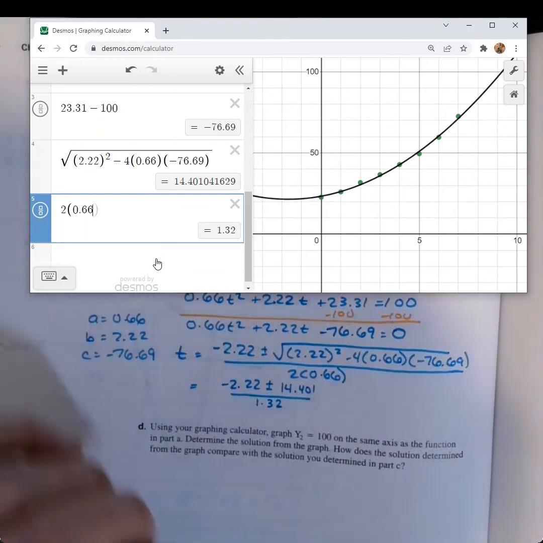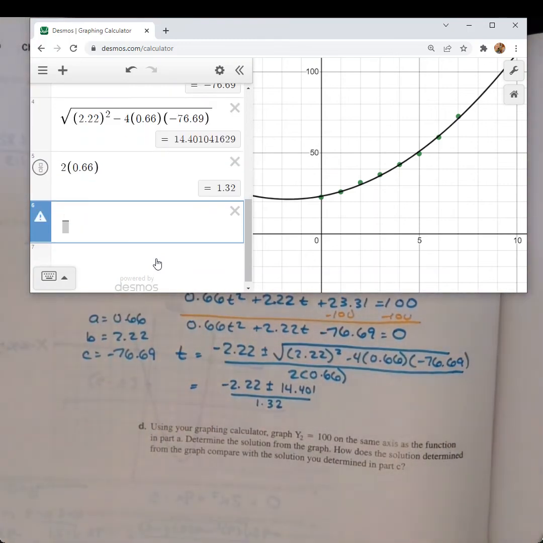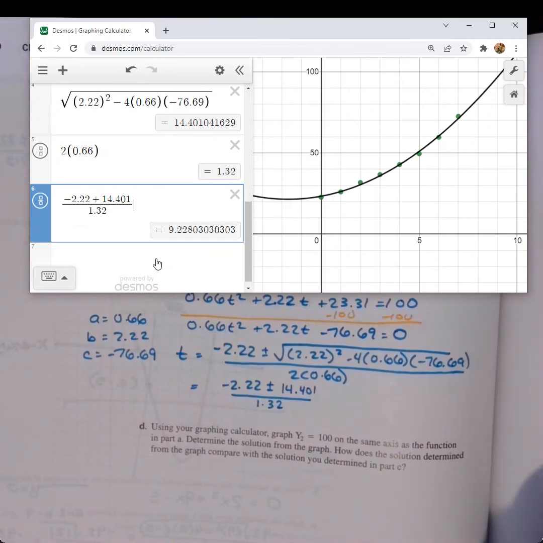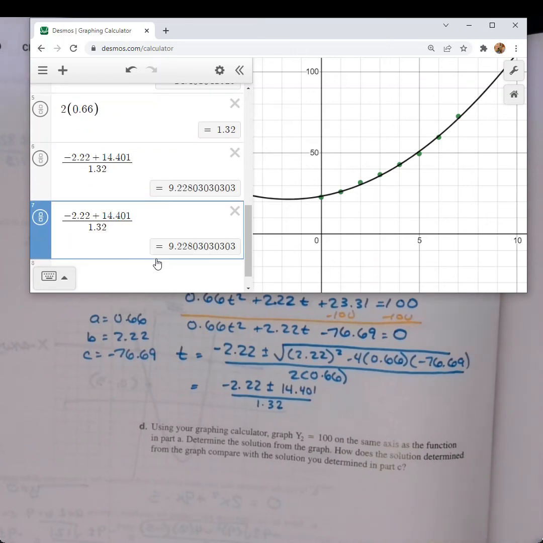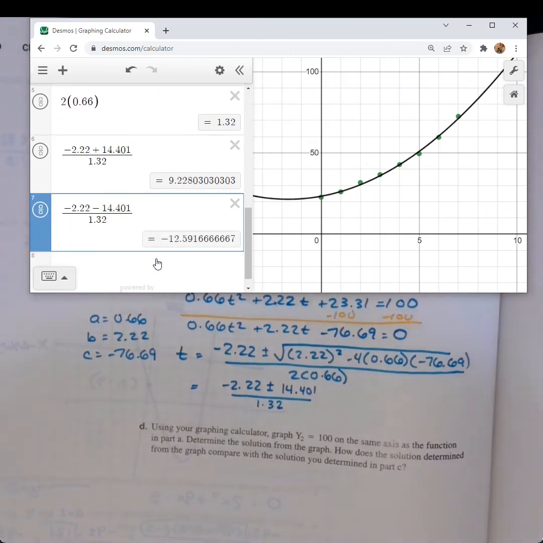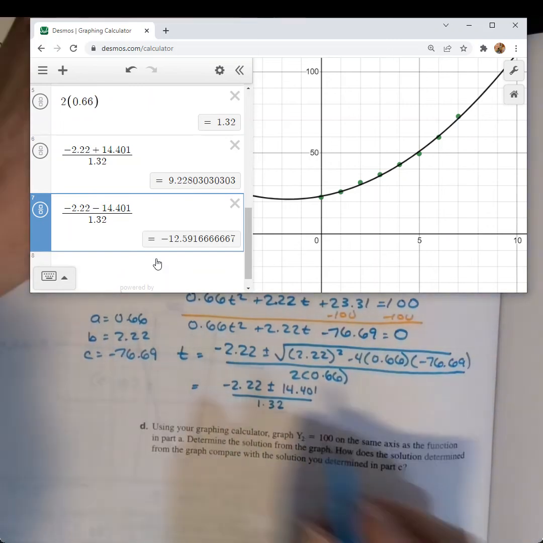Okay, so now we'll get our two fractions set up. One of them is negative 2.22 plus 14.401 divided by 1.32, and if I copy paste, I can change the other one to the minus, and this gives us two answers for t.